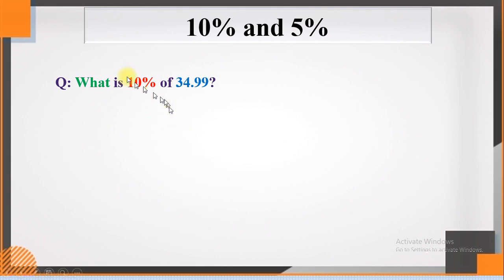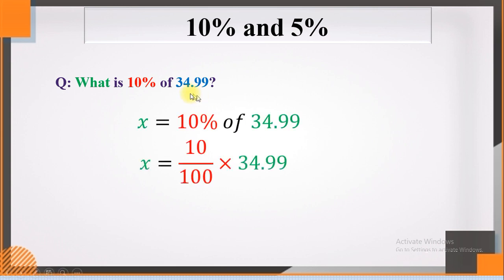Now let's take another example, that is 34.99. To find 10% of this, you can directly say that the 10% of 34.99 will be 3.499. We will find it by formula now, but later on we should use this shortcut for solving such questions when they come in different tests and multiple choice questions.